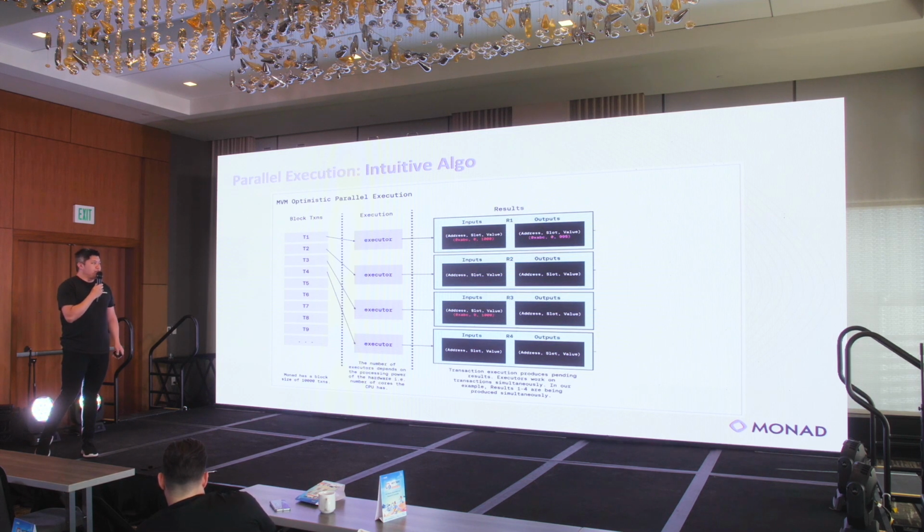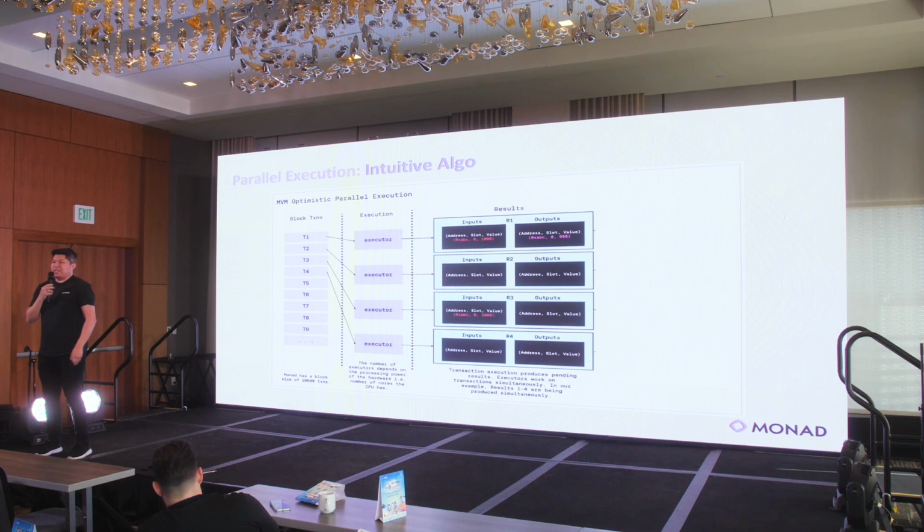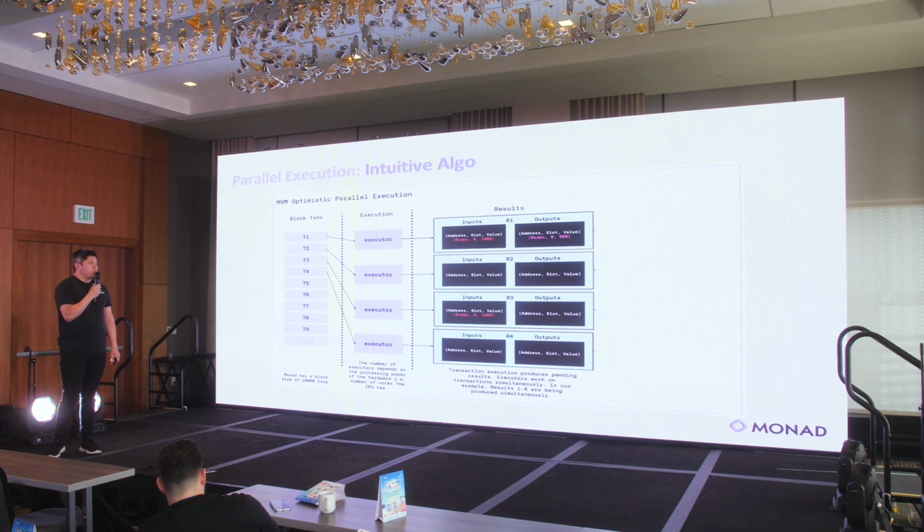So with optimistic parallel execution, we run all these transactions in parallel as if they started from the same state, and we just record all of the inputs that were read in and all of the outputs, like the pieces of state that have been mutated. So when we run transaction 1, we start with an input of my USDC account has 1,000, and the output is that my USDC account has 990 because I sent 10 to Alice.